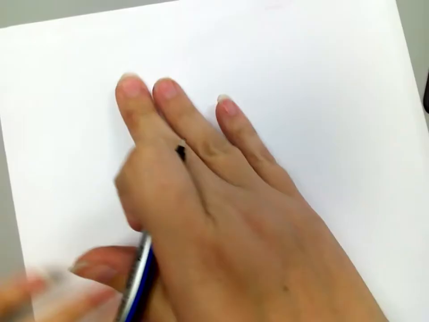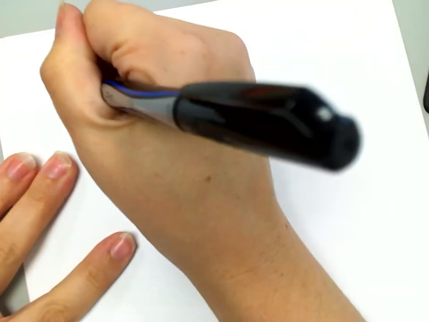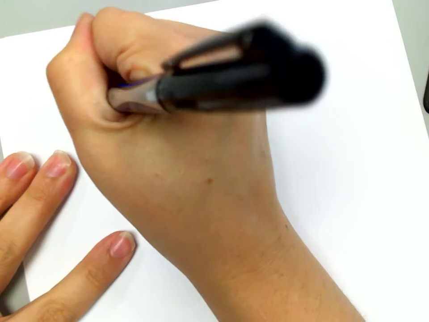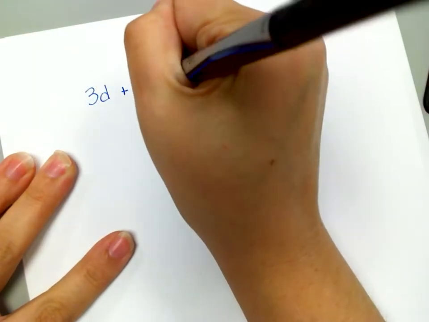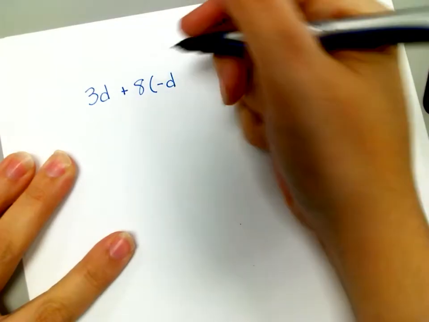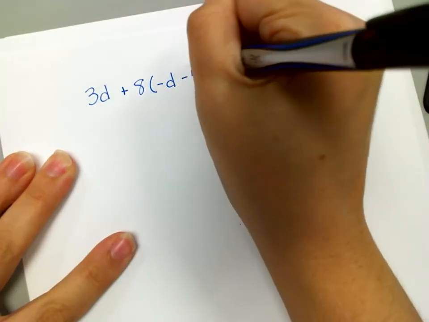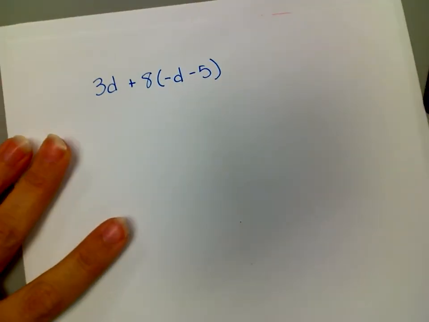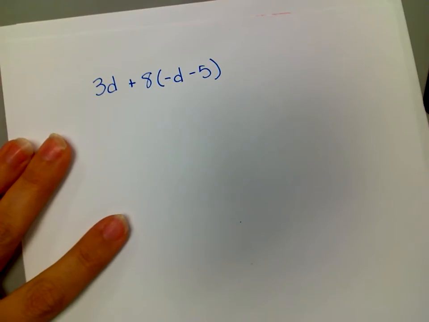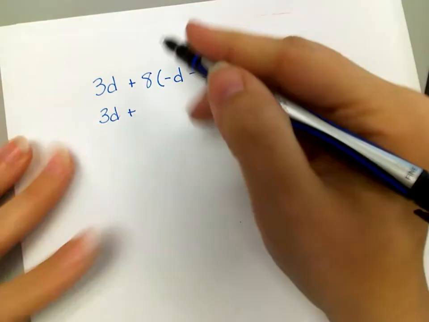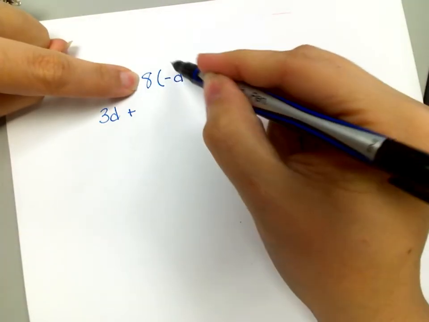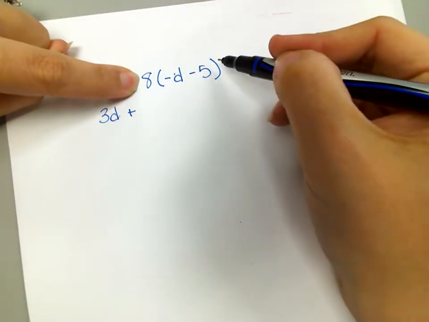Let's see. I'm going to do 3d plus 8 times negative d minus 5 in parentheses. Okay, making it difficult, aren't I? So I know I have 3d plus, I'm going to distribute this 8 here and then here.